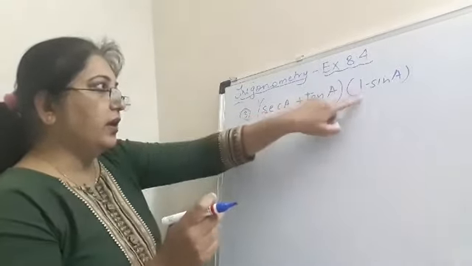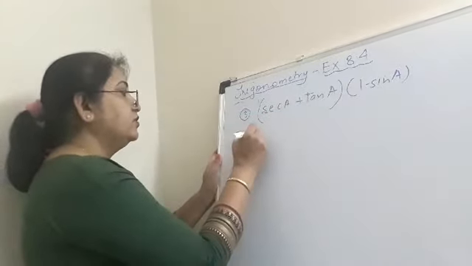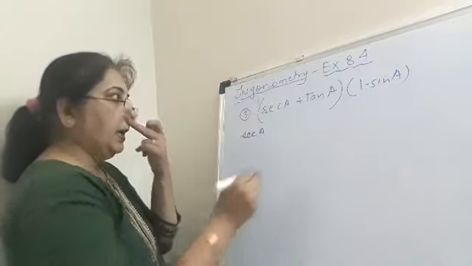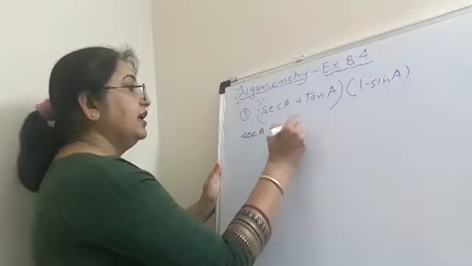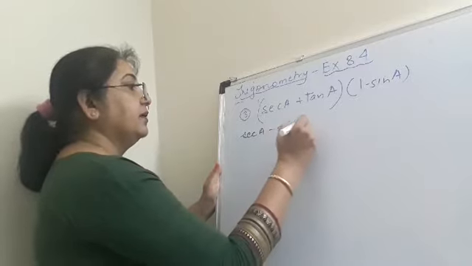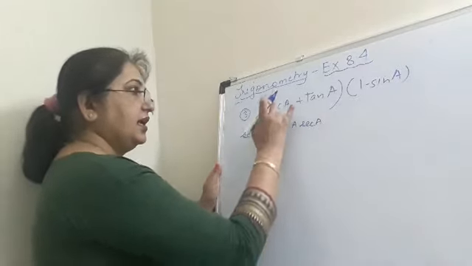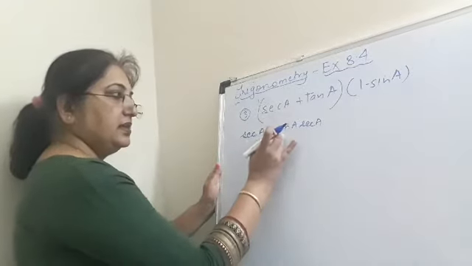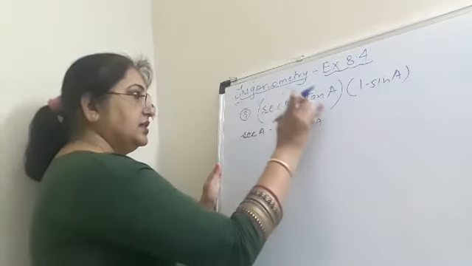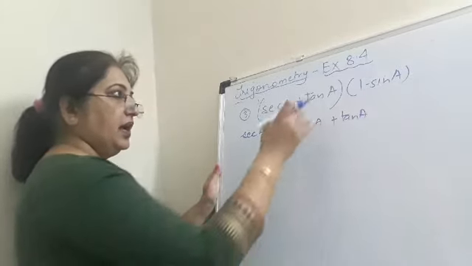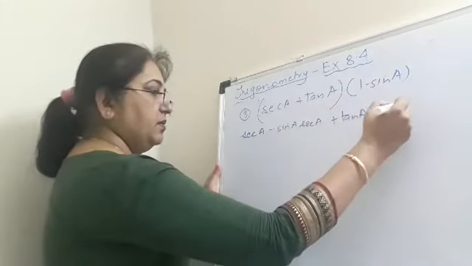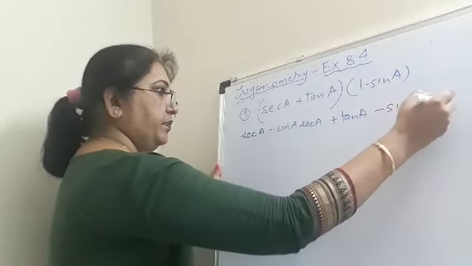Sec A into 1 gives sec A. Sec A into minus sin A gives minus sin A sec A. Then tan A into 1 will be tan A, and tan A into minus sin A will be minus sin A tan A.